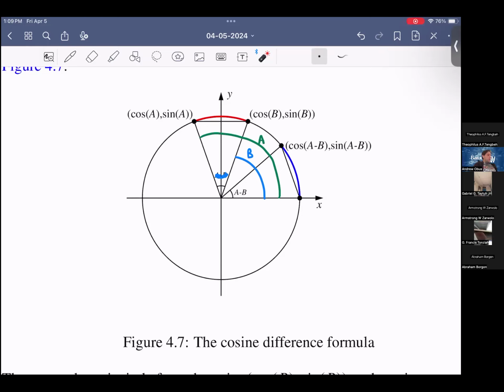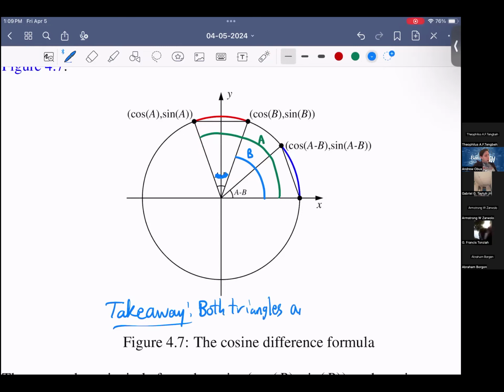Okay, so what do we have to do? Well, if this one triangle is just this triangle rotated, then our takeaway here is that both triangles are congruent. And so that means, in particular, if I label these purple sides, they have the same length.